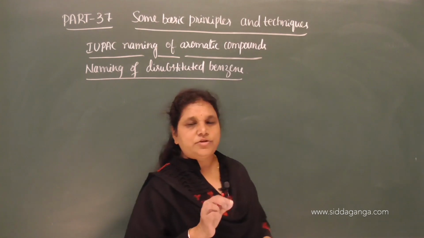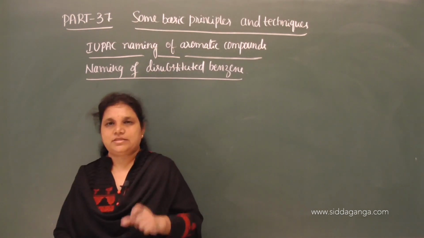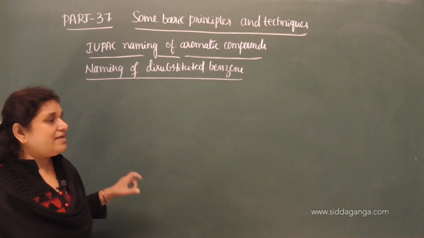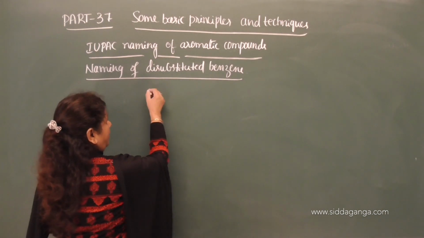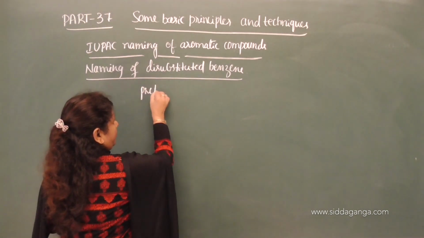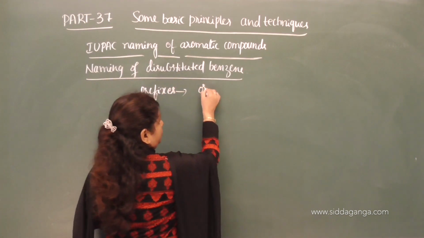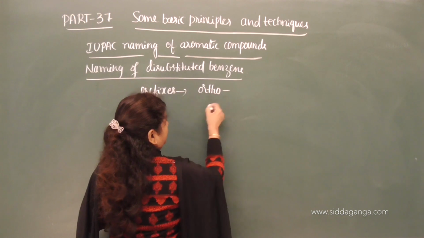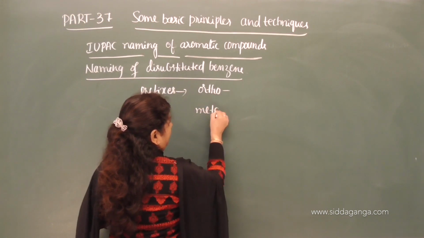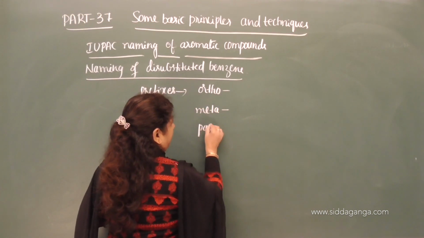So, let us consider naming of disubstituted benzene. Whenever two substituent groups are attached on a benzene ring, they are designated by using the prefixes ortho, meta, para.